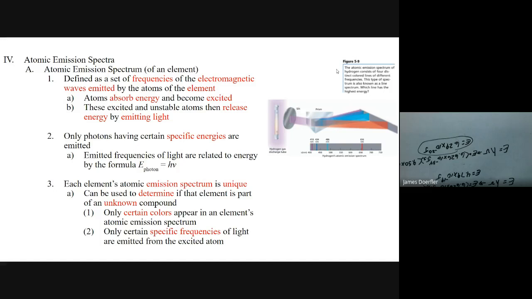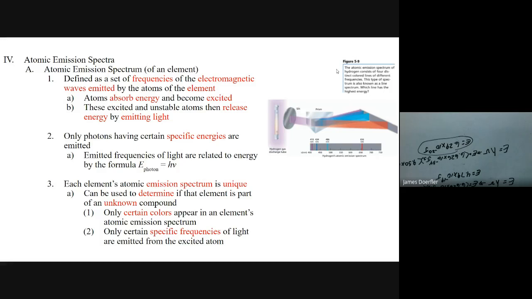Now, only photons having certain specific energies are going to be emitted. And we can determine those using the formula we just used in the previous slide. And just like the characteristics and makeup of each element's atomic emission spectra will also be unique. In fact, over on the wall beneath the sloth over there is a periodic table of emission spectra.